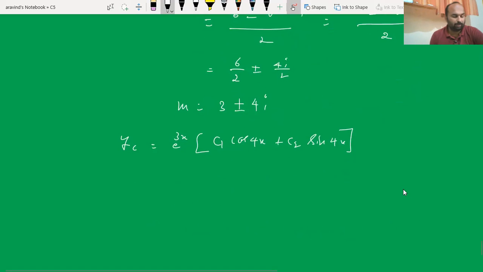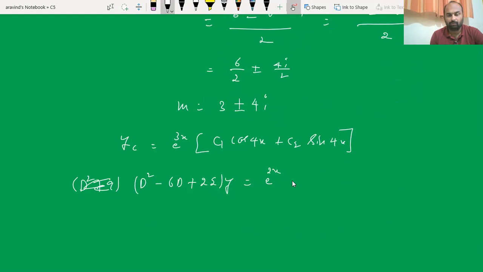Now to write the particular integral, what is the equation? D square minus 6d plus 25 into y is equal to e to the power of 2x plus sin x plus x.